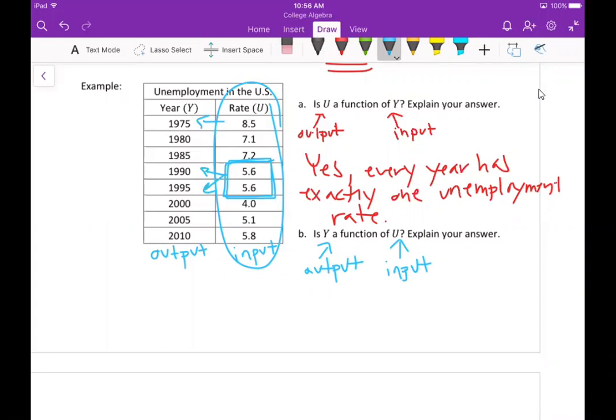Okay, so because that input of unemployment rate, we don't know necessarily what year the output occurred in, this is not a function. So no, 5.6 occurs in two different years. Okay, so hopefully that makes sense there.